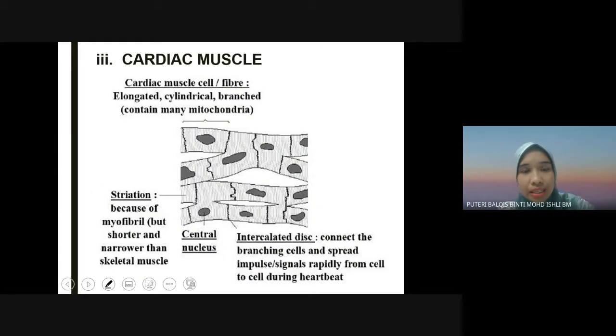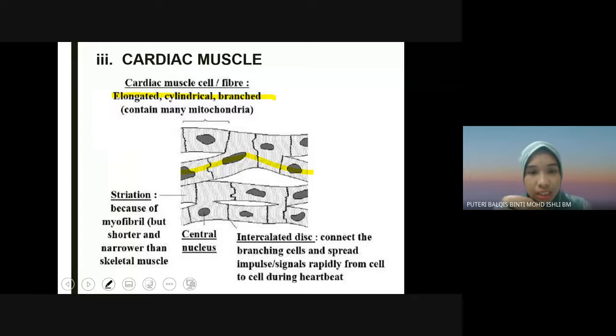Cardiac muscle. Of course, cardiac is related to the heart. So it is located at the wall of the heart. Cardiac muscle structure: elongated, cylindrical, and branching. Dia ada branching.